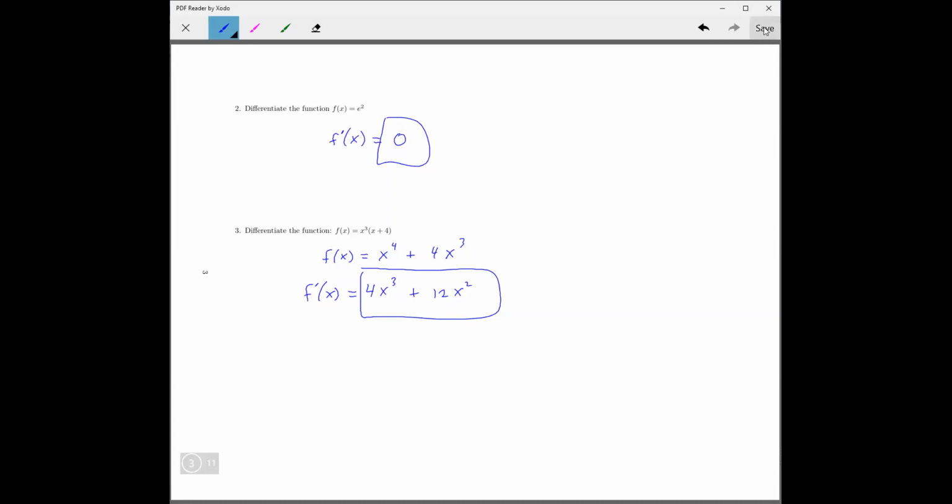Wait, I'm sorry. Why was f prime of e to the 2 0? Wouldn't it be 2 times e to the 1? Because this is just a constant. So if you put it in your calculator, this is just going to be a number.